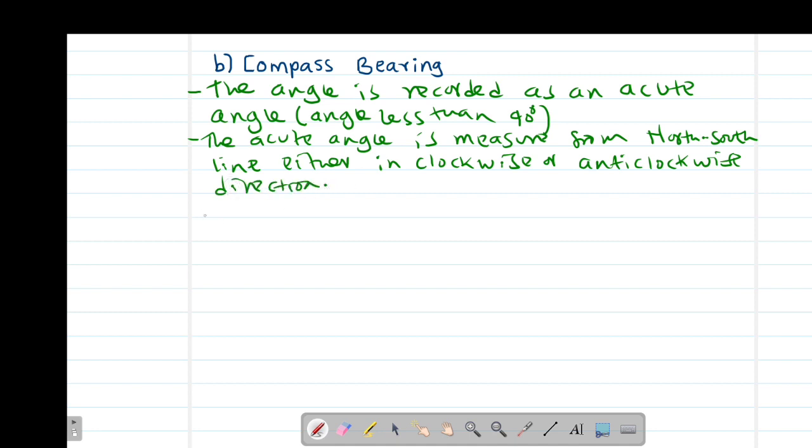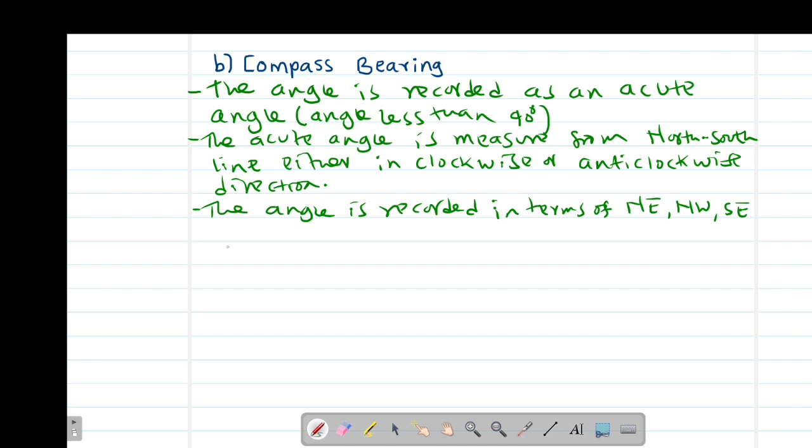Then the angle is also recorded in terms of either northeast, or north west. You can also have southeast and southwest. So that is how we record the acute angle. So those are the key 3 points that you need to note as far as compass bearing is concerned.